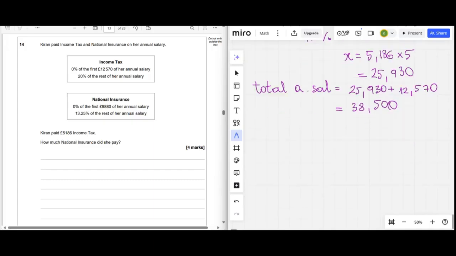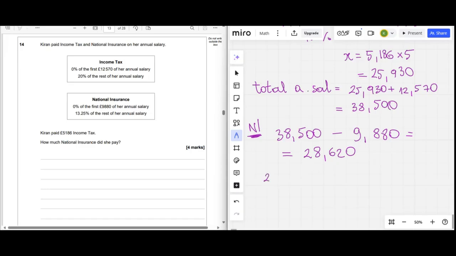So now to calculate the national insurance, we need to take the total annual salary and deduct the amount that is free of national insurance. It's different to the tax-free amount. So it's 9,880. We need to deduct that first, leaving 28,620.